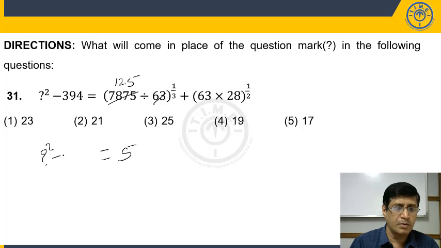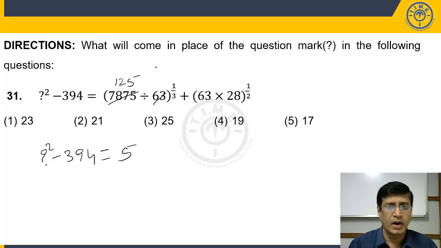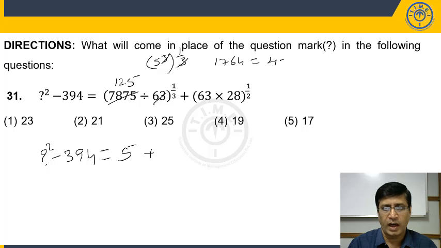So question mark square minus 394 is equal to, 125 is 5 cube, 5 cube to the power 1 by 3. The 3 and 3 get cancelled, remaining is 5. Plus, now the product of 63 and 28 is 1764, which is 42 square. 42 square whole power 1 by 2, the 2 and 2 get cancelled, remaining is 42.